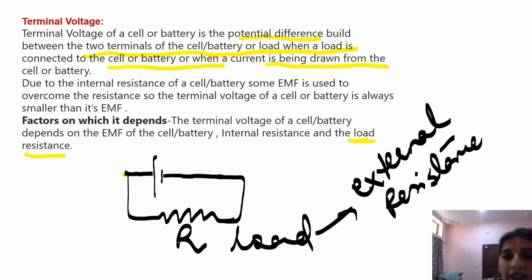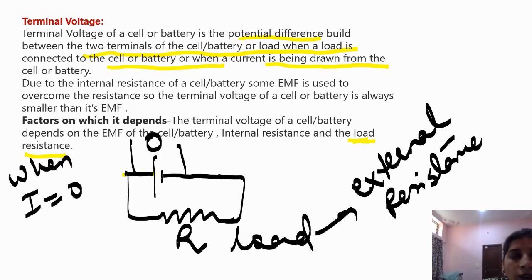And when current is not flowing in the circuit, the circuit is open, I is 0. When I is 0, if I connect a voltmeter across this, it is going to read EMF. It is called EMF.